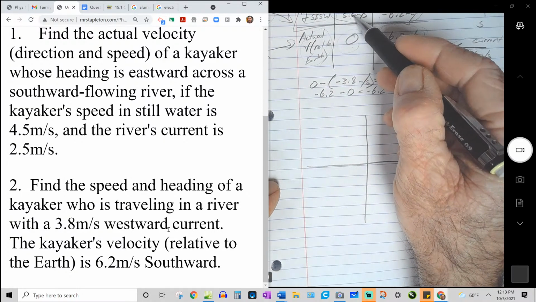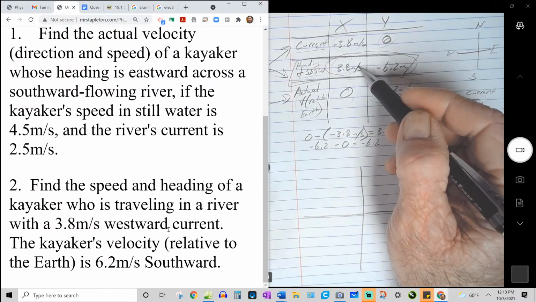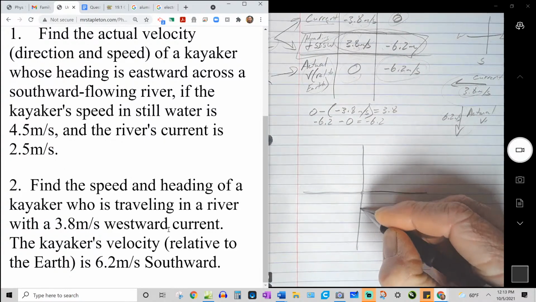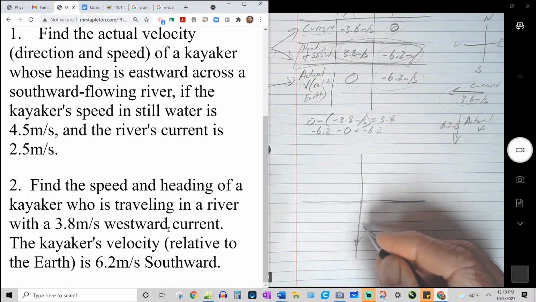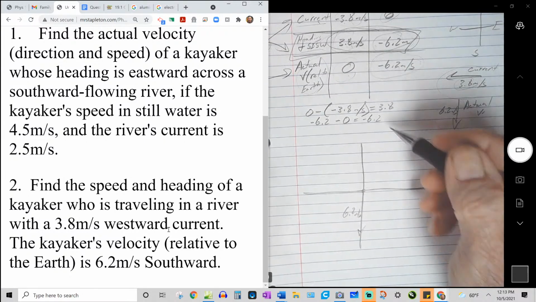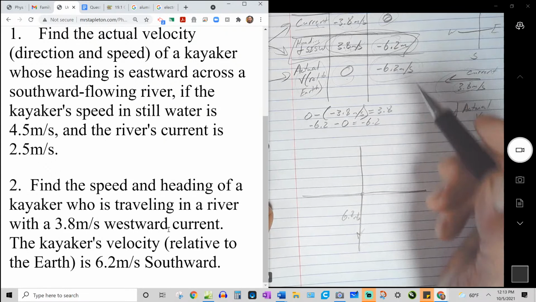So I'll do y first this time. I drew the x vector first last time. I'm going to draw the y vector first, just to show you can. So here's my y. Going down, because this is negative, and that should be 6.2. And then the x component is positive 3.8.